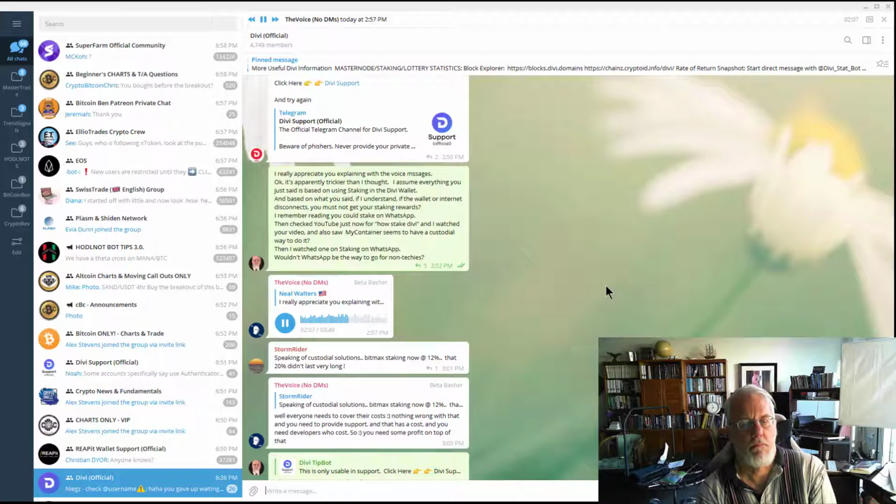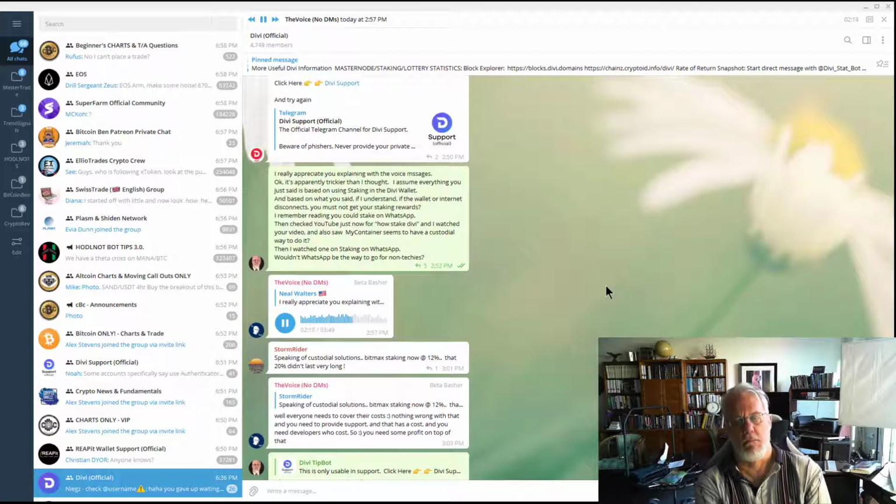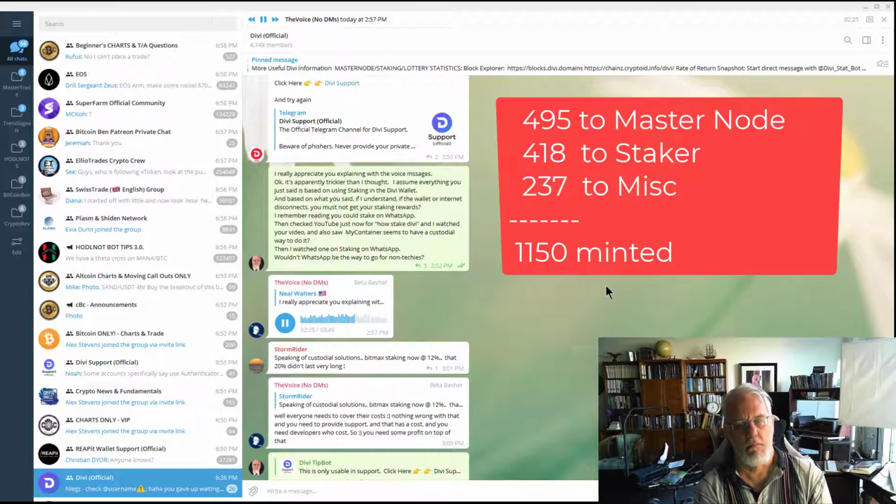For doing so, their coins are used in the transaction, and they're returned with the increase of that 418 Divi. So they actually mint 1150 Divi.